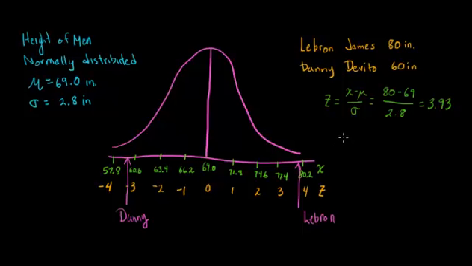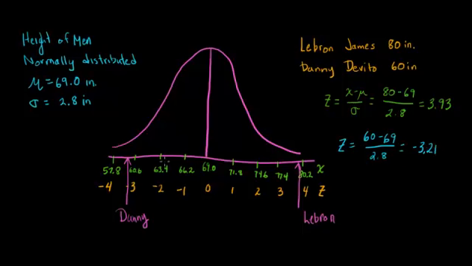Now let's calculate a z-score for Danny. Use the same formula. I won't rewrite it this time. But again, we put Danny's height first minus the mean. Notice now I'm going to get a negative number for a z-score because Danny's below the mean, divided by 2.8. And for Danny we get negative 3.21.